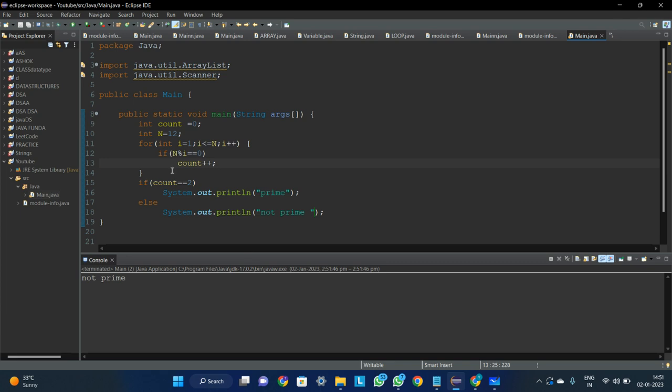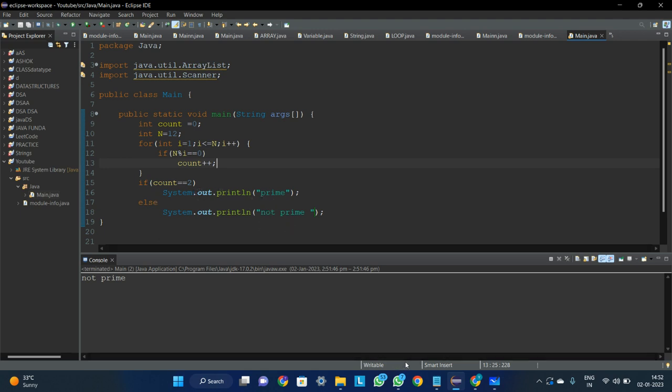You can observe I'm taking, for example, n as 12, and I is from 1 to n. We are checking whether it is divisible or not. If it is divisible, we are counting those factors. Finally, if the count is 2, it is prime, or else it is not prime.